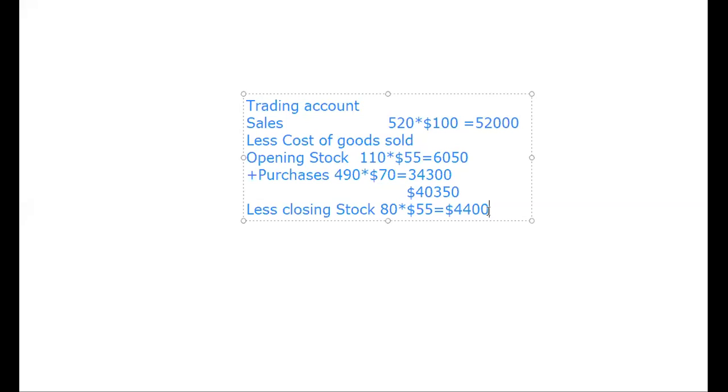So when we add purchases and we get the 4,350, we less closing stock, and we put that figure on the end right there, which is the 35,950.